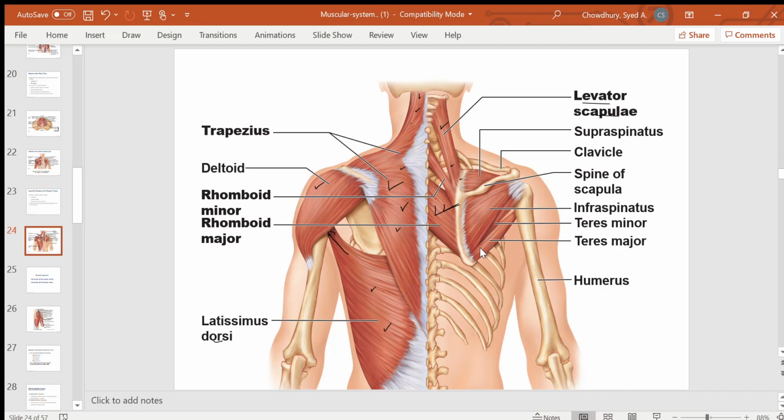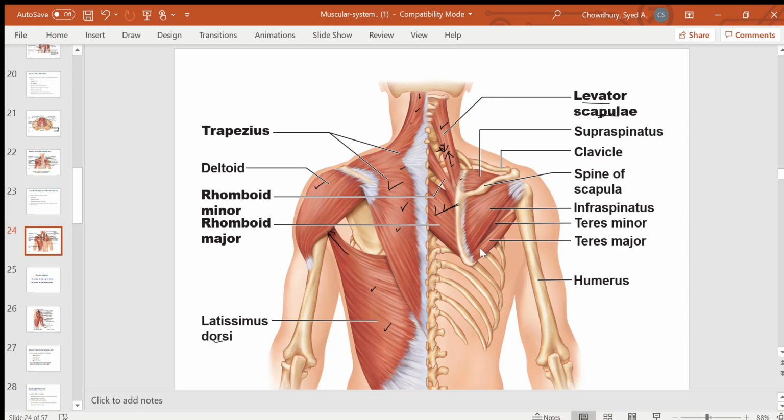It will lift the scapula since a muscle moves the structure or body part or bone towards it, right? This muscle is coming from above, so it will move the scapula up. So that's why it is called levator scapulae.